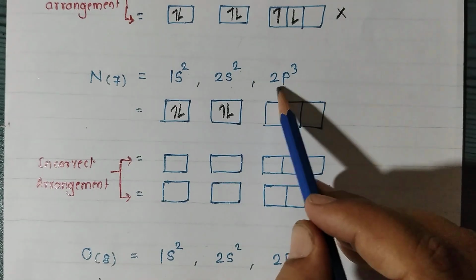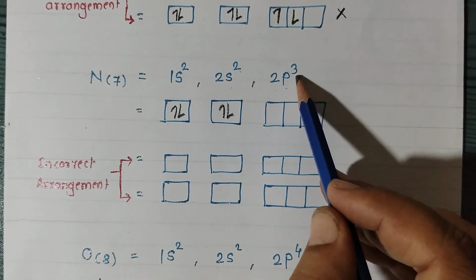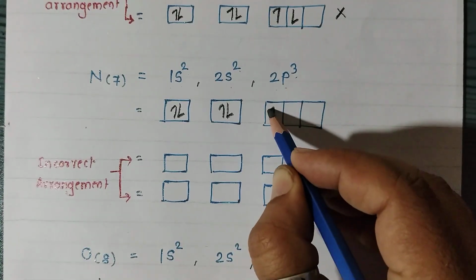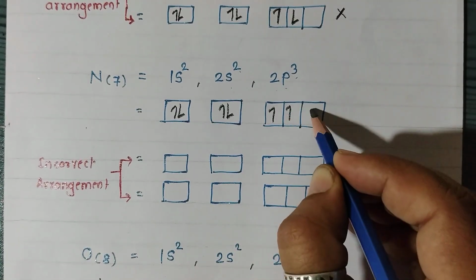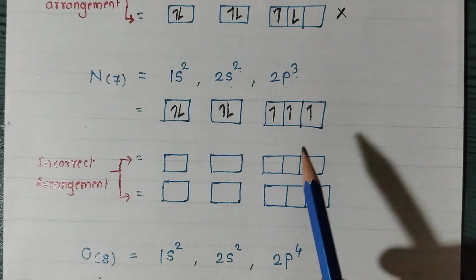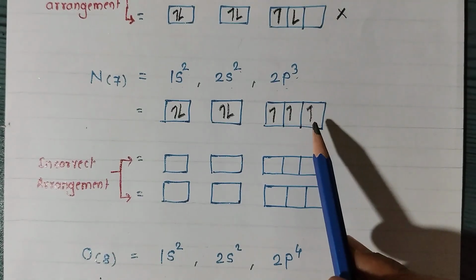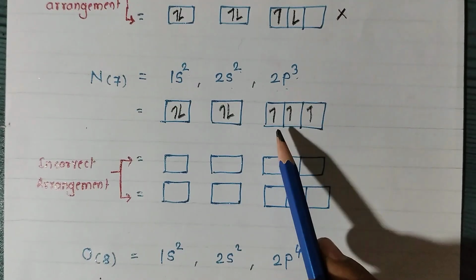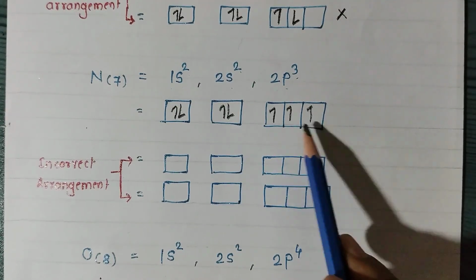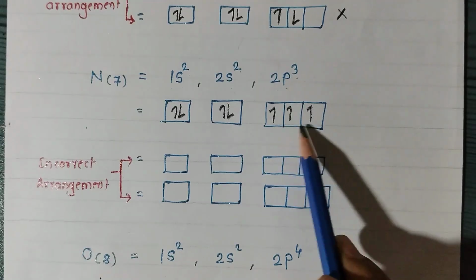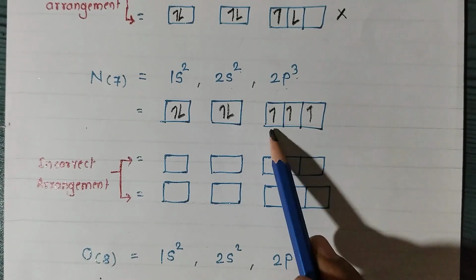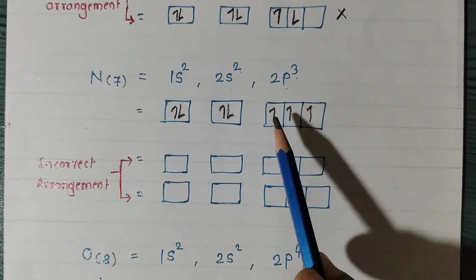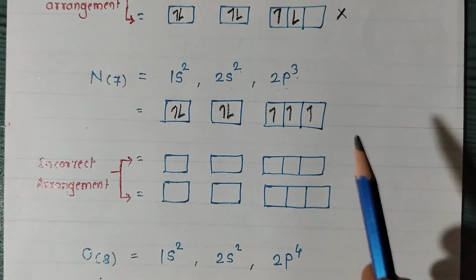But in 2p, how can we fill these 3 electrons? We first of all fill all these suborbitals singly. So this is Hund's rule. Hund's rule says that electrons first fill in this way singly, and then you can pair up. Here there are only 3 electrons, so we can fill these 3 electrons singly.